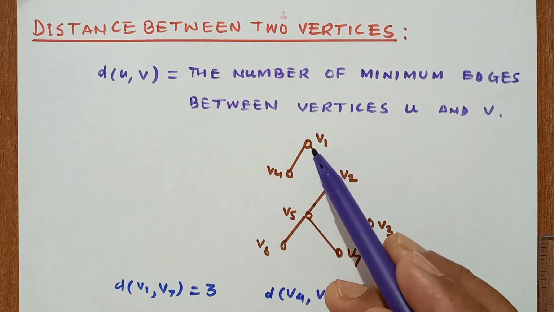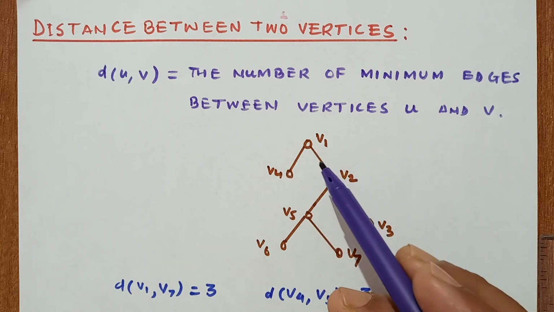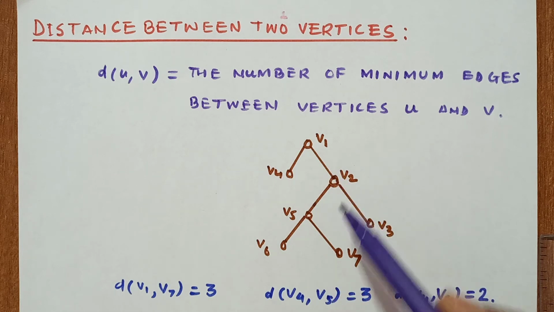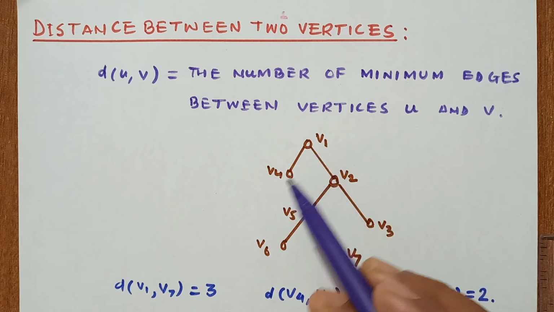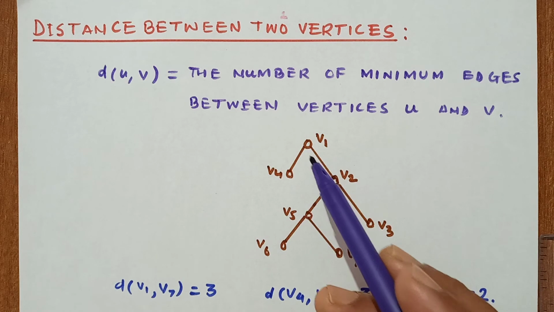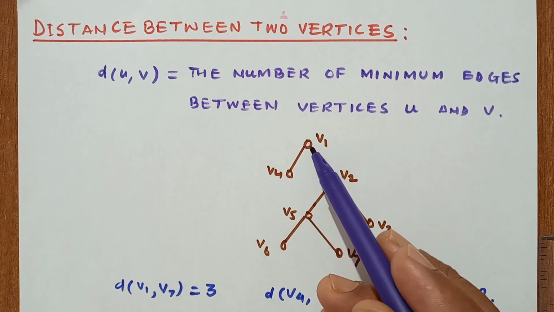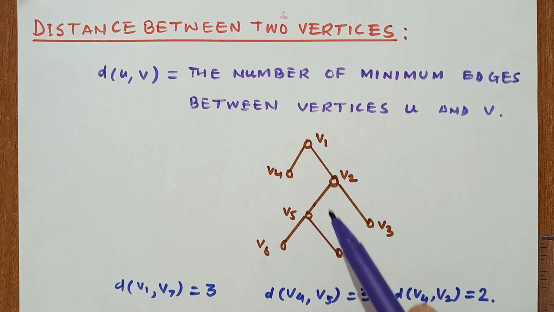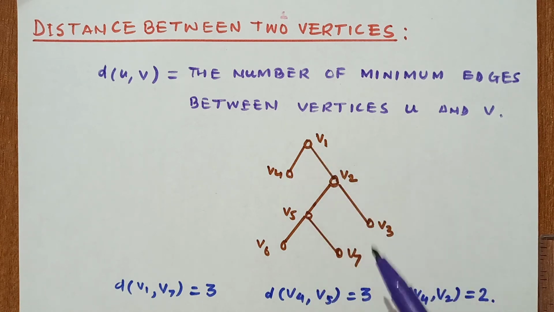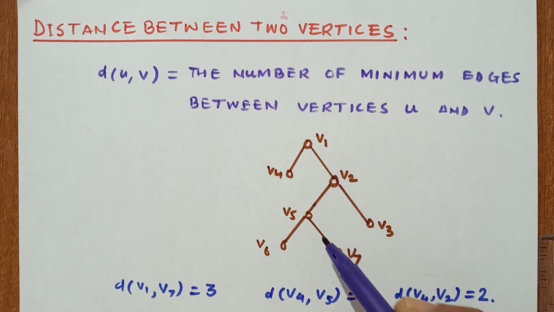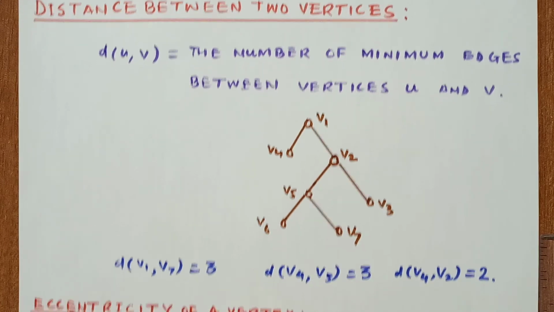There are so many paths, so the minimum number of edges means the shortest path between two vertices. This is called distance. For example, in this graph or tree, the distance between V1 and V4 is 1, V1 and V2 is 1, V1 and V3 is 1, 2, so 2. V1 to V7 is 1, 2, 3, so 3. This is the distance.